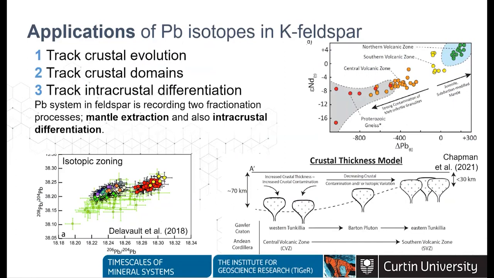Another example, on the left-hand side, is from Helen Delavo and others, where we have lead isotope ratios of a K-feldspar sample from the Shap granite in the UK. These distinct groups of lead isotope signatures observed in different crystal chips from the same K-feldspar sample have been interpreted to reflect isotopic zoning, which may be related to granite petrogenesis.